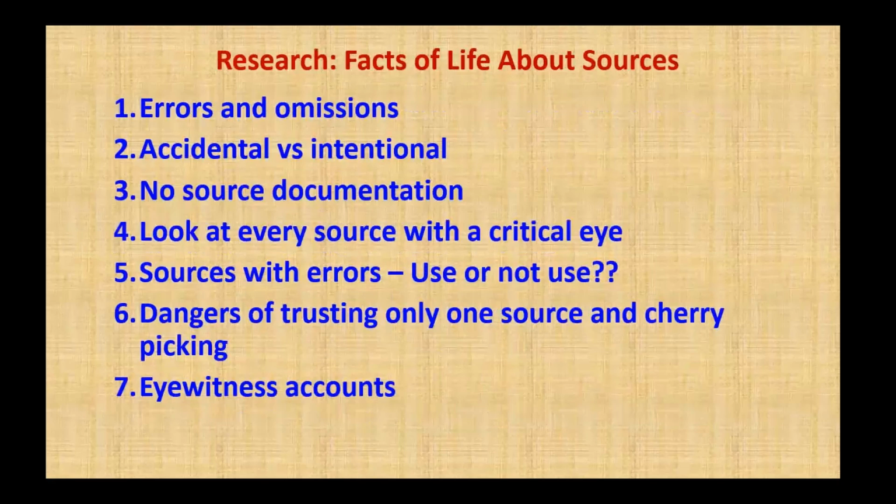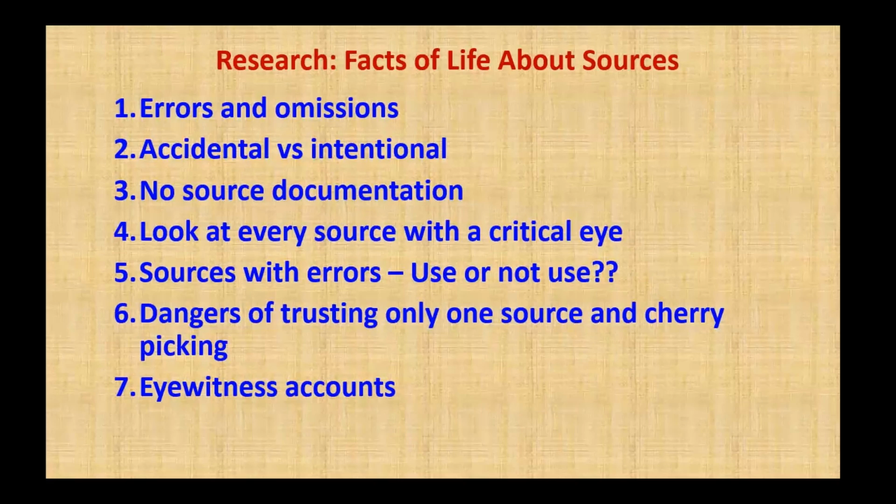Now, as far as research is concerned, you have to face up to some realities. Number 1, sources are going to contain errors and omissions, and this even includes the most authoritative print and online sources. You have to look for error. Sometimes these errors may be accidental, as in spelling errors or misinterpreted words, or errors that are intentional, as in dates and ages.